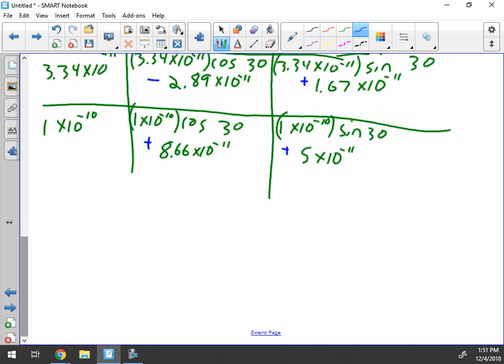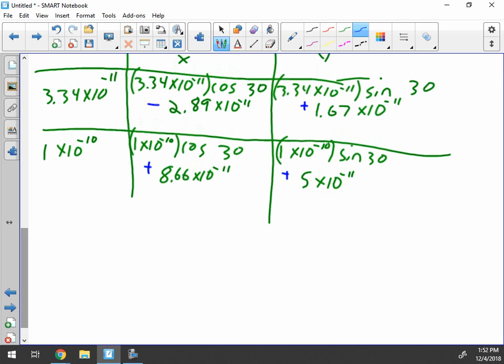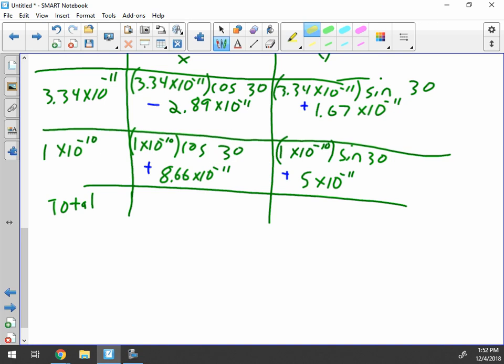All right. So now we're going to add these forces together. So the total for the x's, I'm going to add together this one and this one.